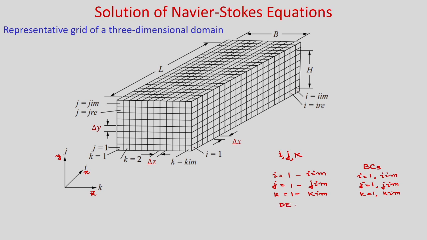The discretized equation will be solved for i equal to 2 to ire, j equal to 2 to jre, and k equal to 2 to kre.